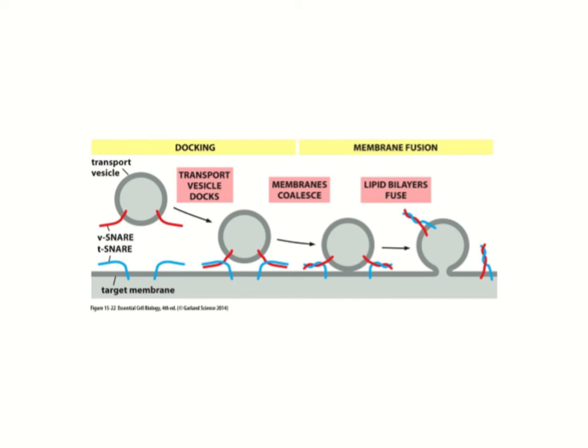So the V snares and the T snares wrap around each other, forcing the water out and getting these membranes to come close enough together so that they can fuse. And there's a video of this process in your unit materials that you should watch as well.